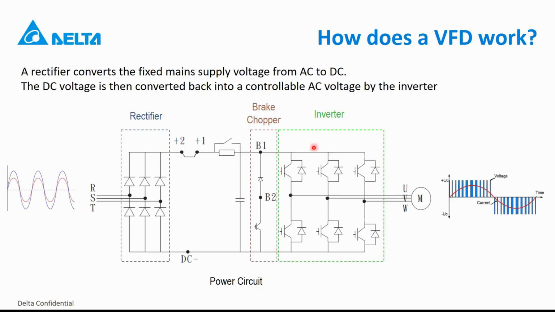If we are referring to the input phase loss, the drive will actually see that on the DC bus current. When one of these phases is not connected, for instance if the S phase is missing, then the voltage that you will see on this side will have a much higher ripple, and the drive can detect that.